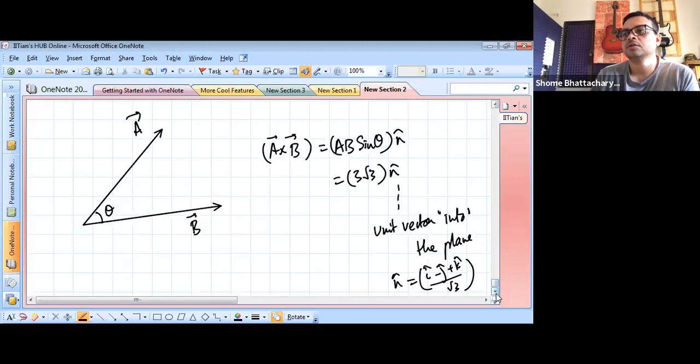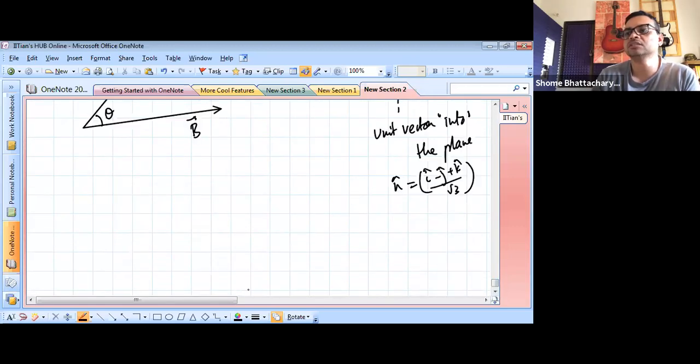Now, what is the vector C? The vector C is something a little bit different than this. C is not equal to A cross B. Now, the vector C is equal to plus minus 3 n cap. Why?